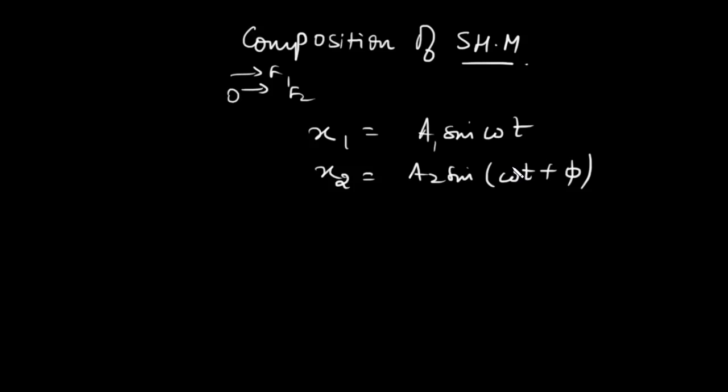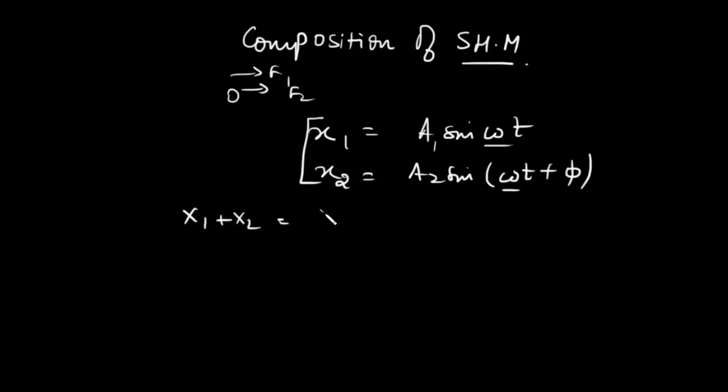The frequency is also the same. So we have to find out the resultant position of this particle, resultant amplitude, resultant equation of the displacement. So how do we do it? We just sum up these two, x1 plus x2.